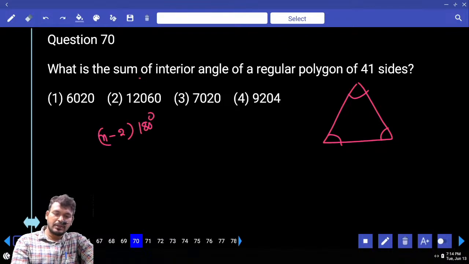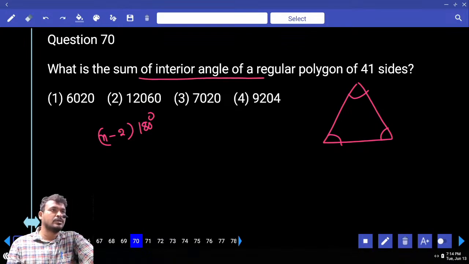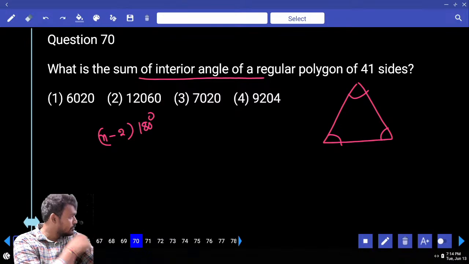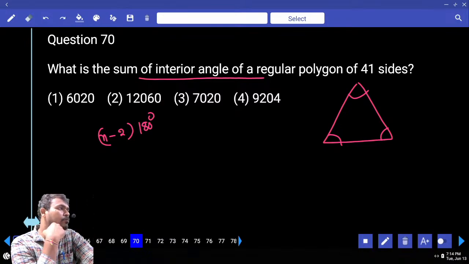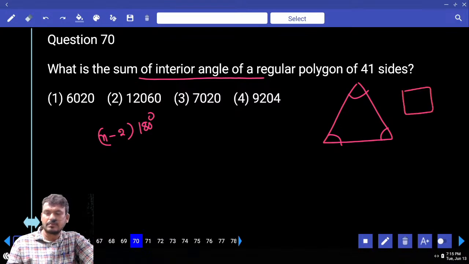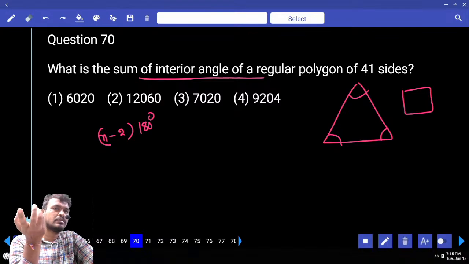What is the sum of the interior angles formula? N minus 2 into 180. N means number of sides. For a triangle, 3 sides. 3 minus 2, 1 into 180, 180. If it is a square, how many sides? 4 sides. 4 minus 2, 2. 2 into 180, 360.